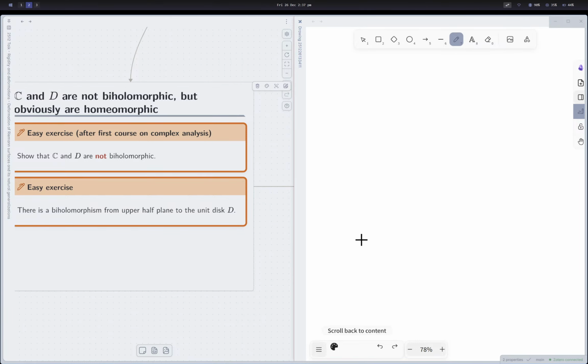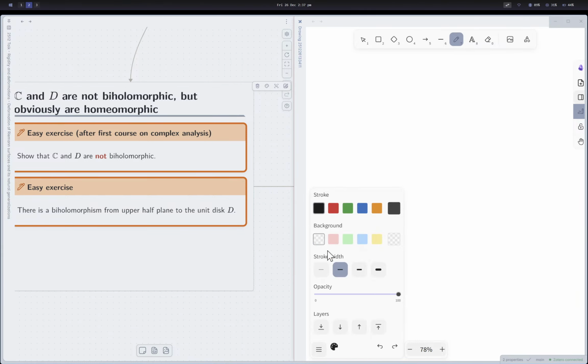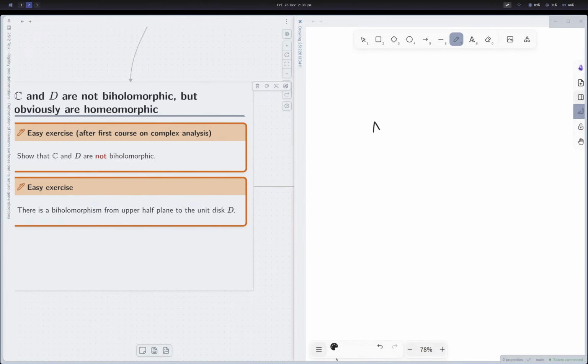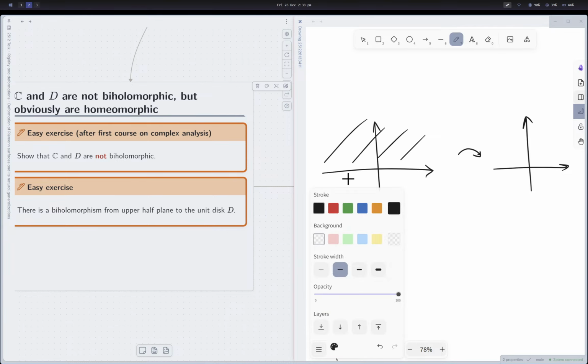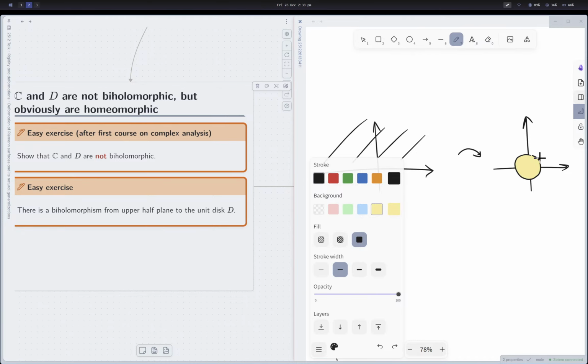So upper half plane looks like this, and there is a biholomorphism between them.